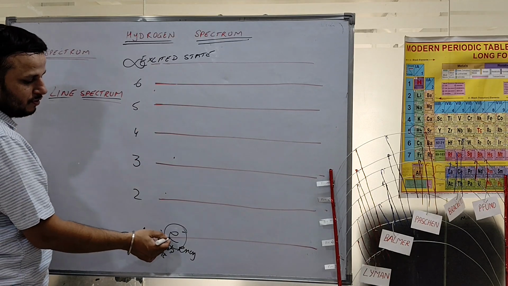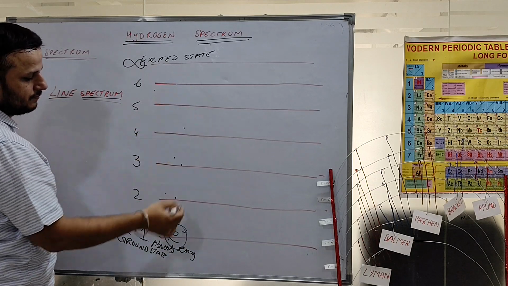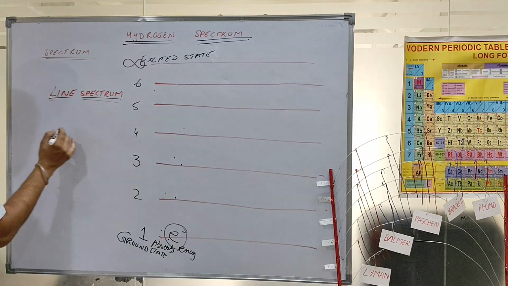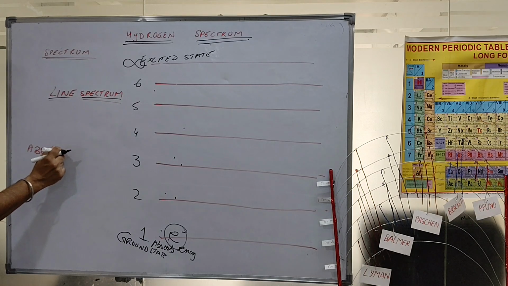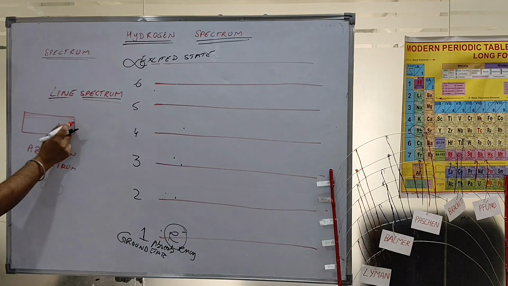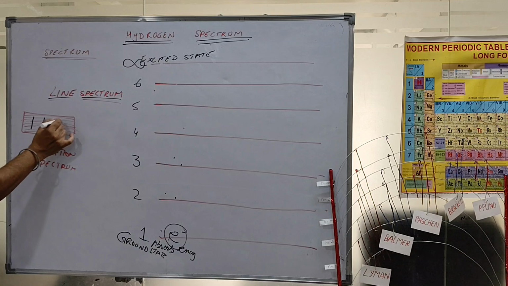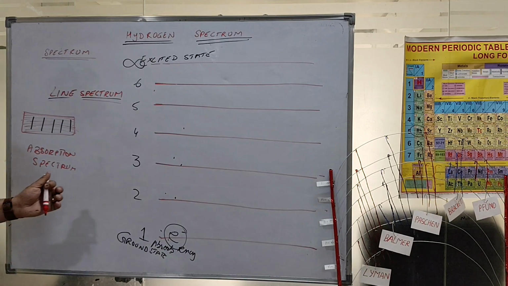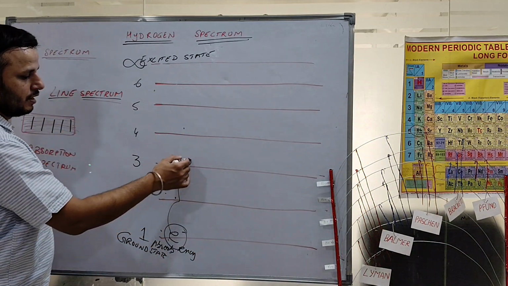So when electron moves from first to second, third, fourth, fifth, sixth, infinity, it forms an absorption spectrum. What is absorption spectrum? In absorption spectrum, there is a colored background and electron absorbs certain wavelength energy, and then there are some black lines on the colored background from where electron absorbs energy and moves to higher level.